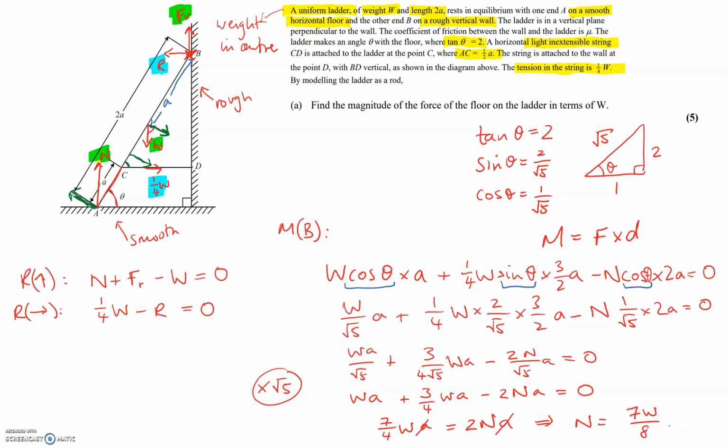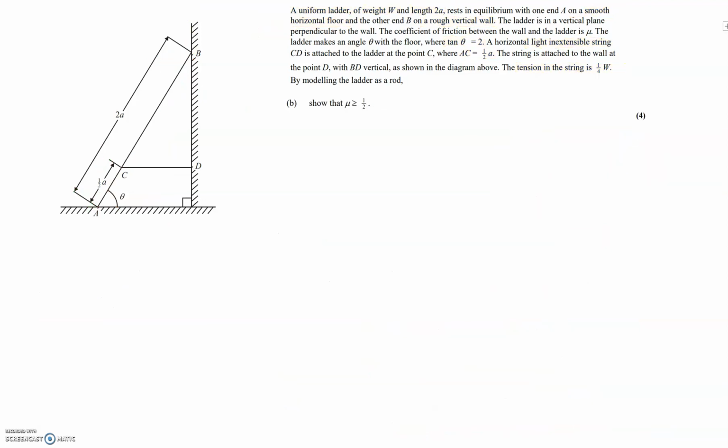Okay. Part B says show that mu is greater than or equal to 1/2. So what this is going to be using is the rule for F equals mu R, or F is less than or equal to mu R. I can rearrange that to say mu is greater than or equal to F over R. So this is where the resolved bits are going to come back in.